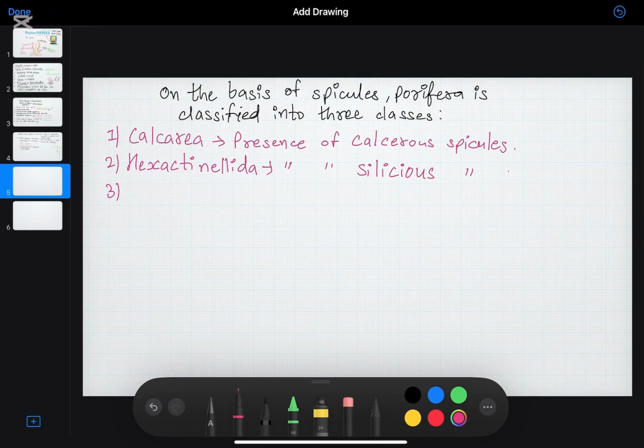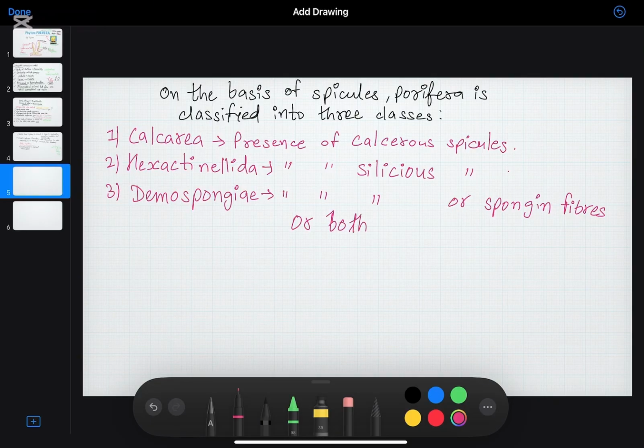The third one is Demospongiae, with siliceous or spongin fibers, or both. Maybe both are present or none is present. And Calcarea is exclusively marine.